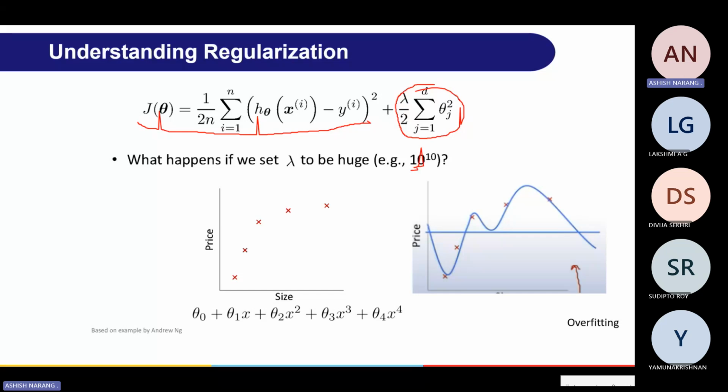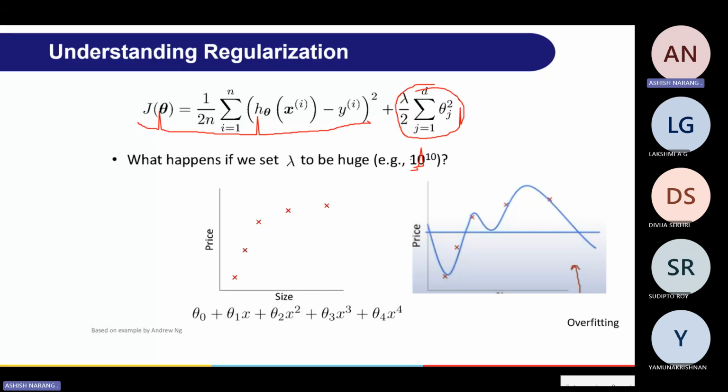Again, the content is being taken from a very popular course, right? So look at this. This particular diagram shows an overfitting curve, right? This is an overfitting curve because my lambda value is too high. Lambda value is too high.